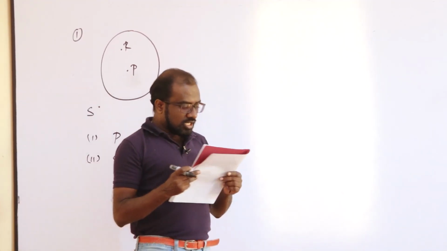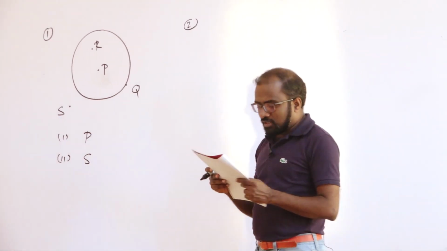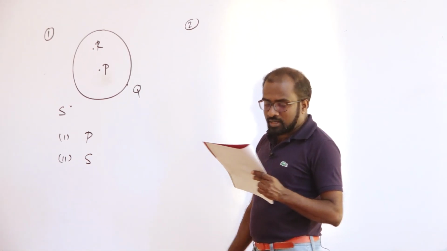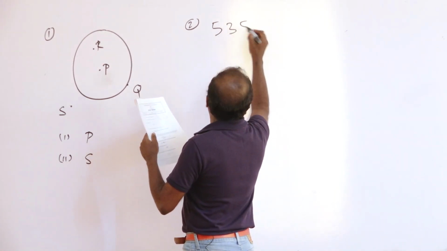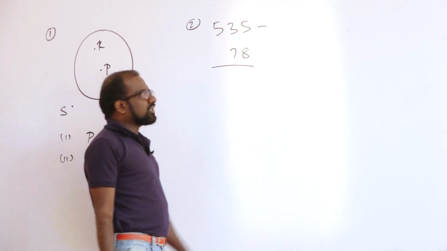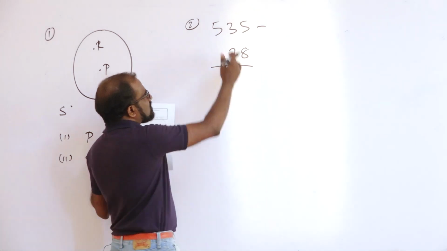Okay. Second one is a very simple grade 5 subtraction. Simplify 535 subtract 78. It's easy.